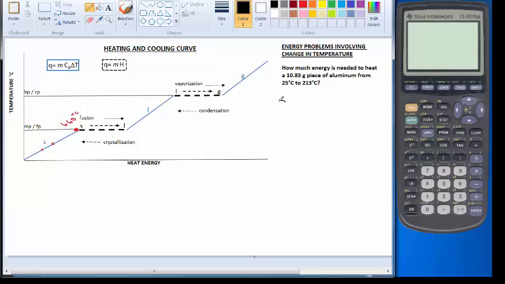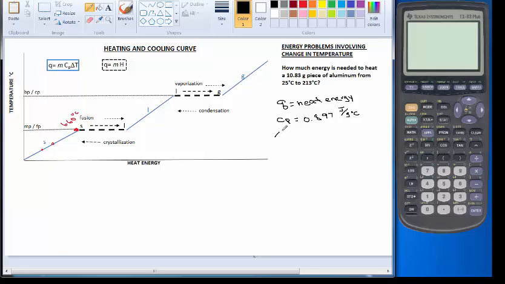The variables in that equation are Q is equal to heat energy, so this is the substance that we are trying to find. Cp stands for specific heat capacity, and according to our reference table, the specific heat capacity of aluminum is 0.897, and the units are going to be joules per gram degree Celsius.